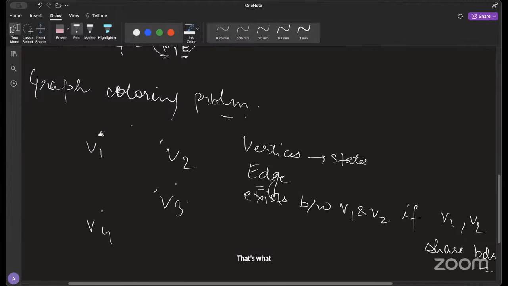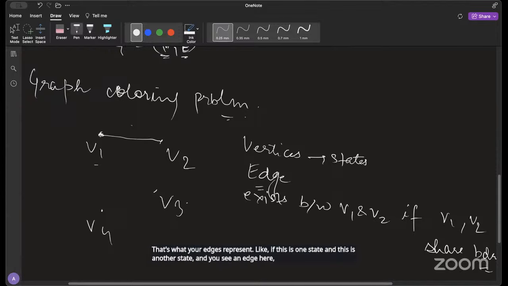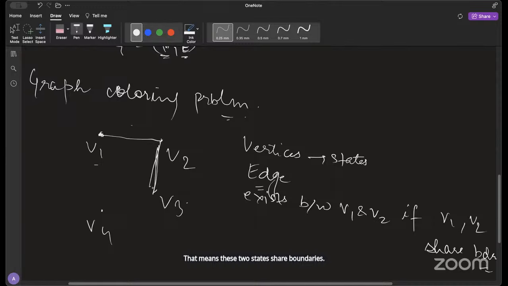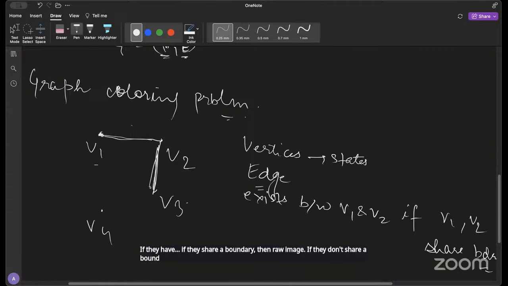That's what your edges represent. Instead of having the complete map of India, you can just have the vertices as states, and then connect the vertices. If they share a boundary, draw an edge. If they don't share a boundary, don't draw an edge.